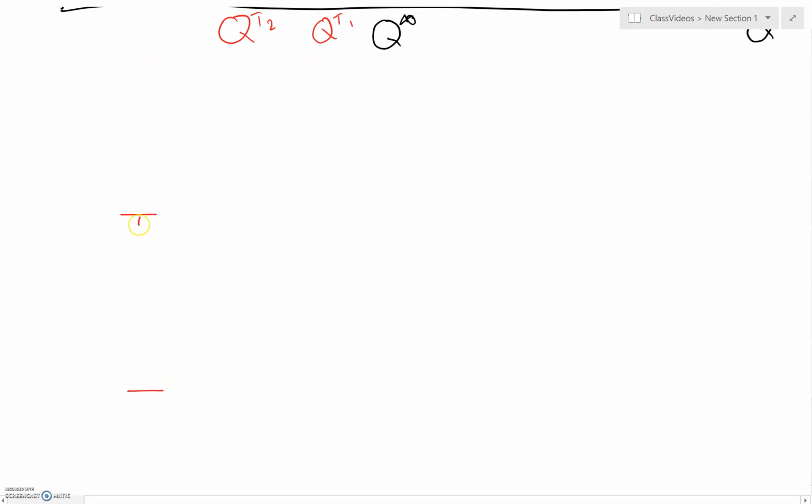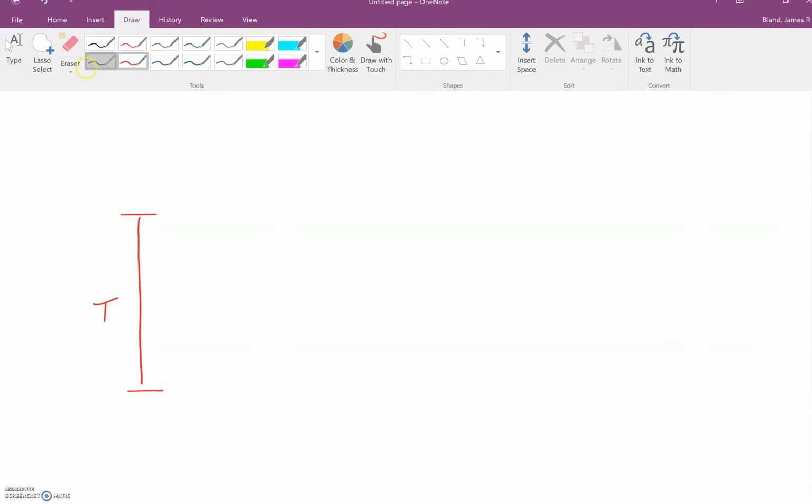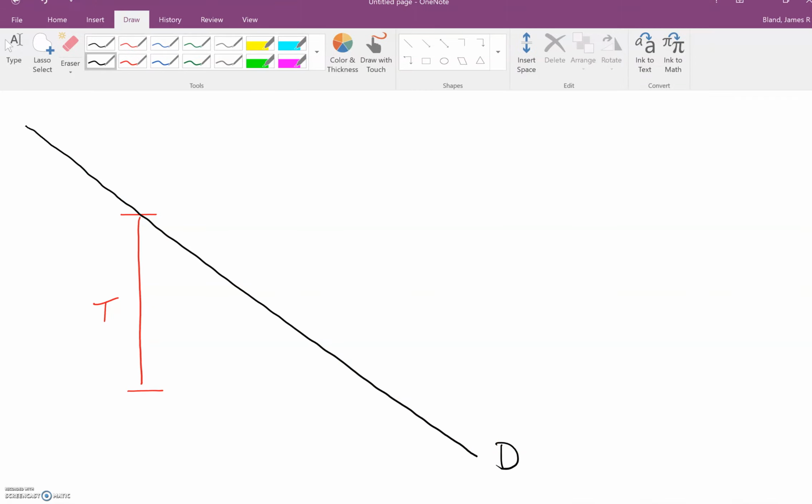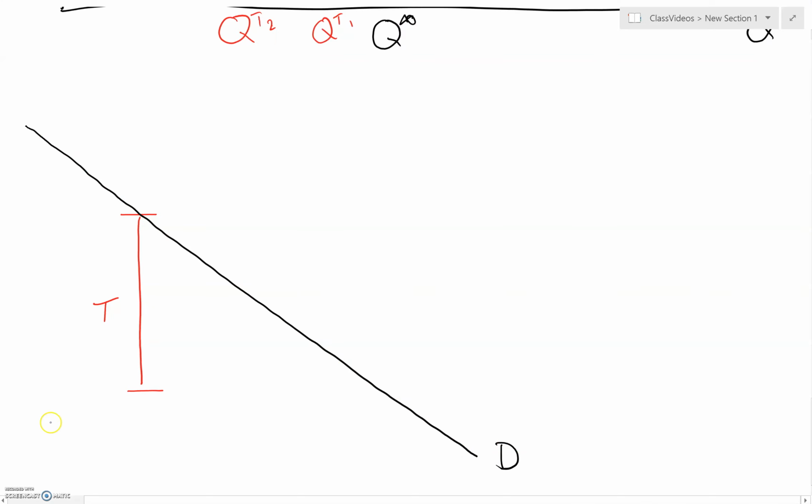here's my tax. And I'm holding my demand curve fixed, so let's put that through here. And I've got my relatively elastic supply.